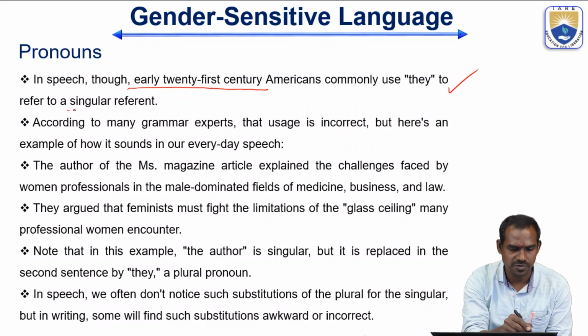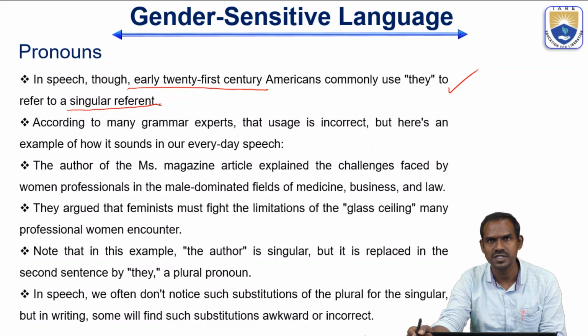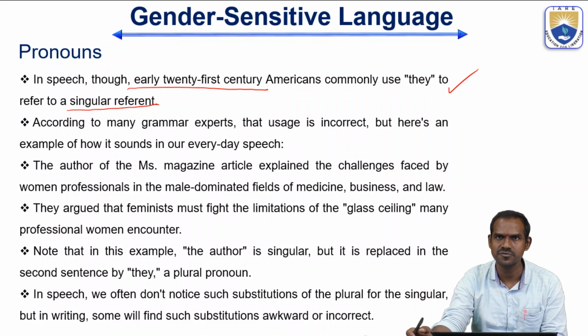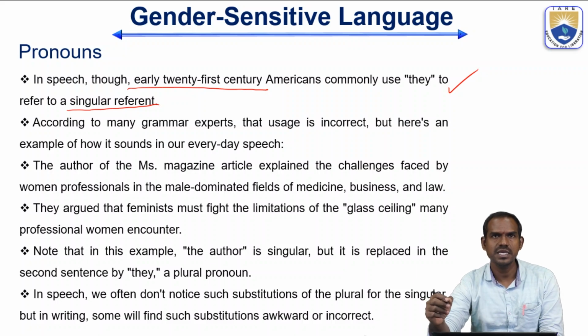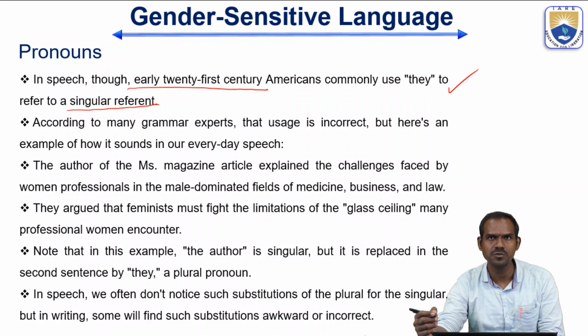According to many grammar experts, that usage is incorrect. But here is an example of how it sounds in our everyday speech.